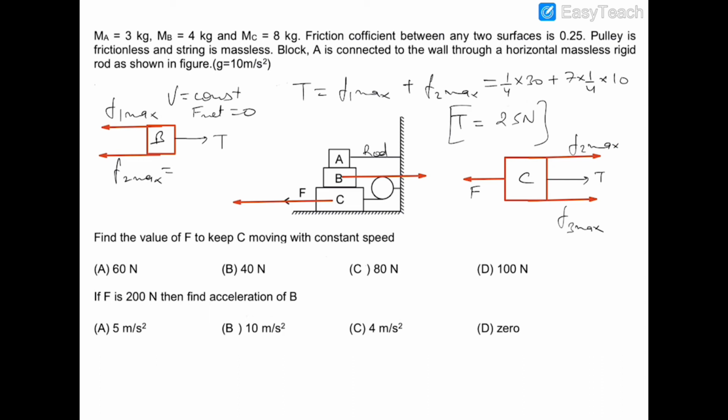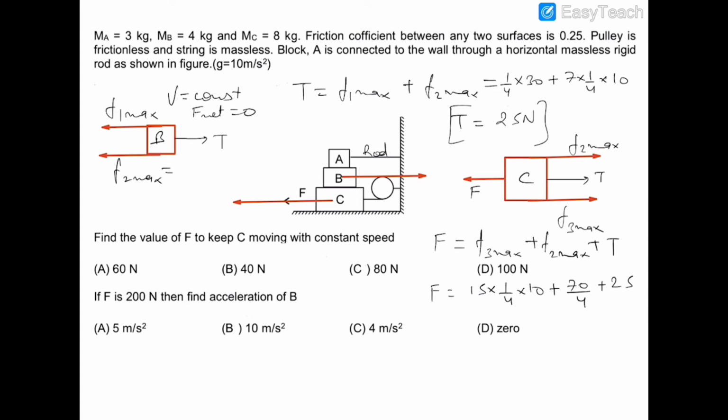So also, if V is constant for this block also, the net force will be 0, and hence F will be equal to F3 max plus F2 max plus T. So F3 max will be for 3 plus 4 plus 8, which is 15 kg of mass, and mu is 1 by 4, so 15 into 1 by 4 into 10, plus F2 max, which we have already calculated, it is 70 by 4, plus tension, 25 newtons.